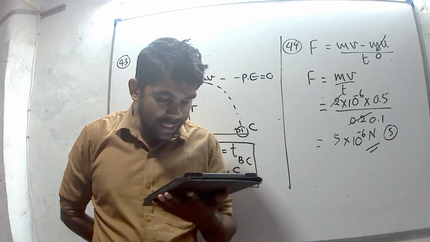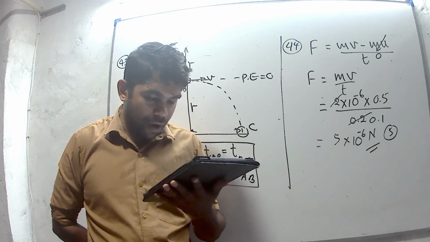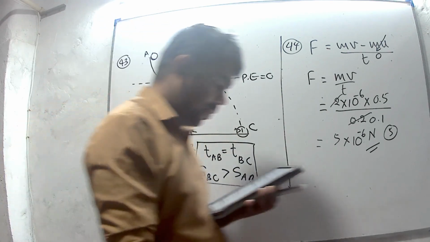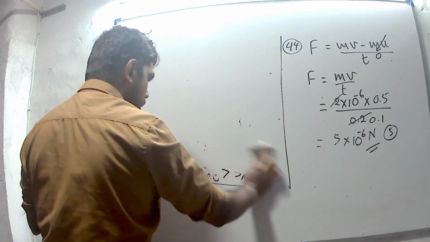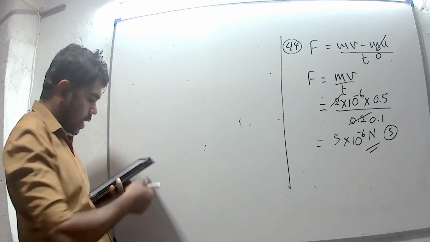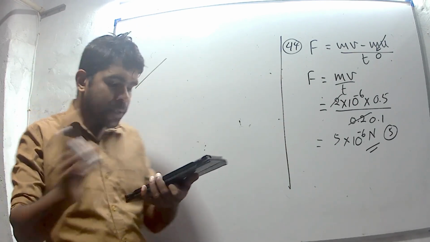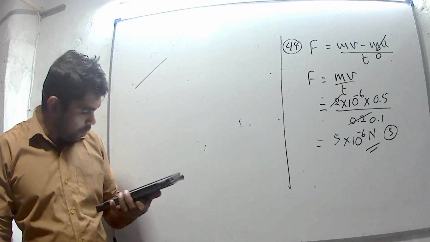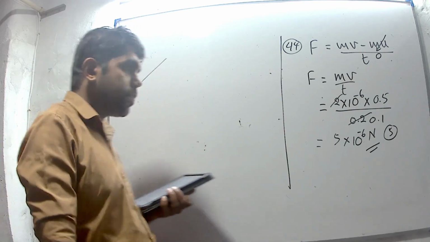They have given this, so we can consider the corresponding graph for 0 to 2. We have to consider acceleration. The 0 to 2 part is a linear path, like this. Therefore, the displacement-time graph is a linear graph, so it should have a constant velocity.